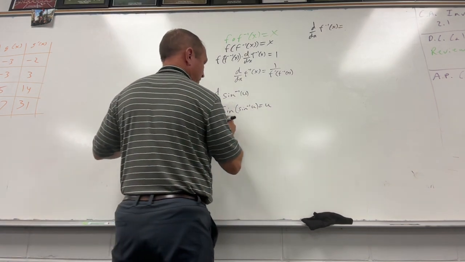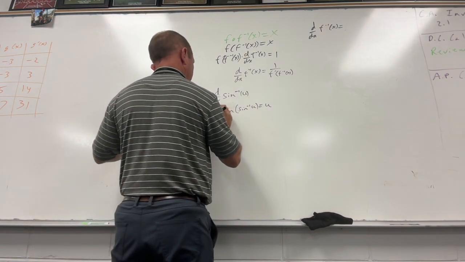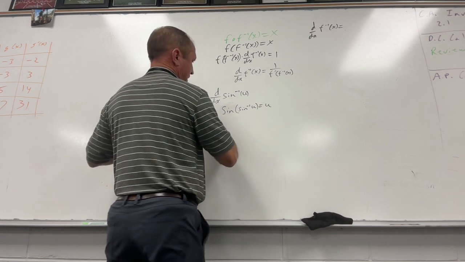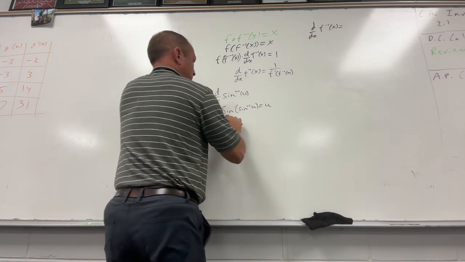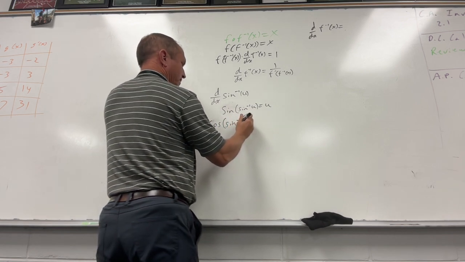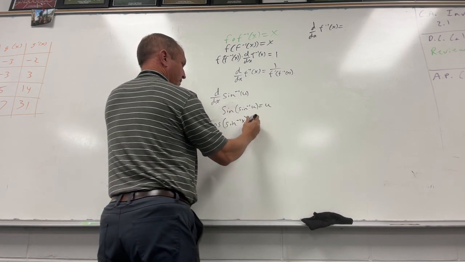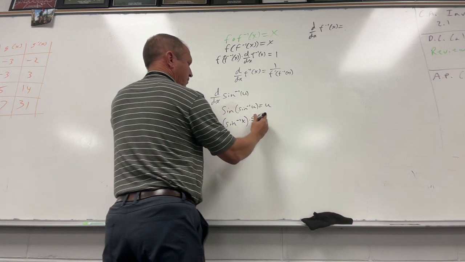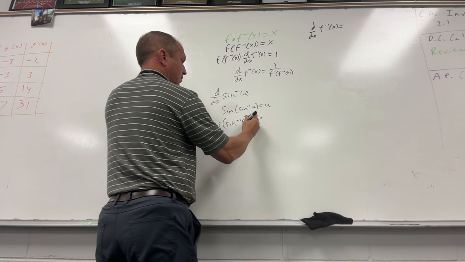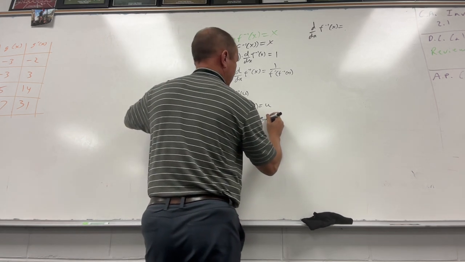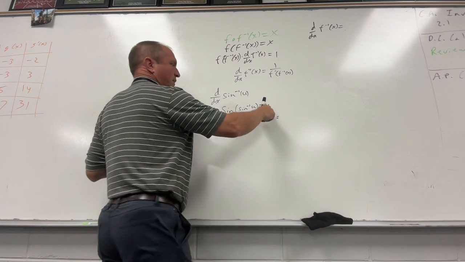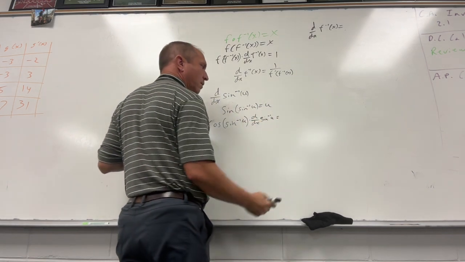So, let's take the derivative here. The derivative of sine inverse of u is going to be the cosine of sine inverse of u times the derivative of u. Now, what is the derivative of u?